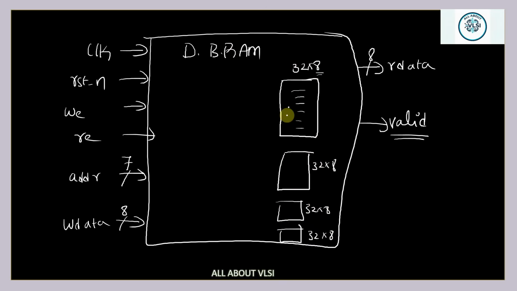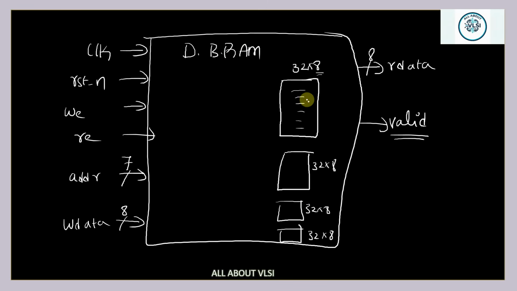Total memory locations we are going to have is 128. Instead of having them in the same block, we divided them into four blocks. Each block has 32 locations, and each location has 8 bits.